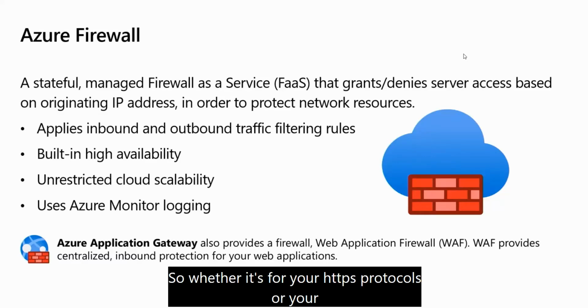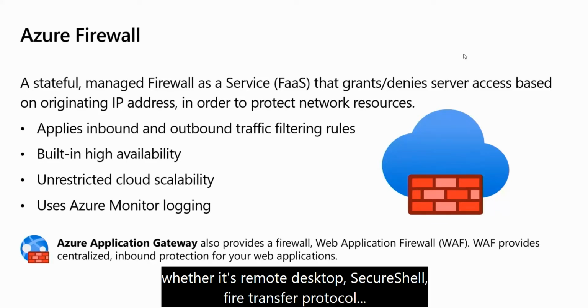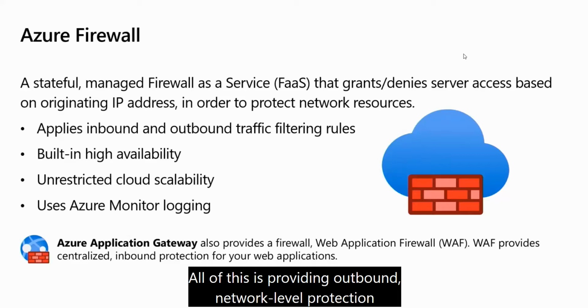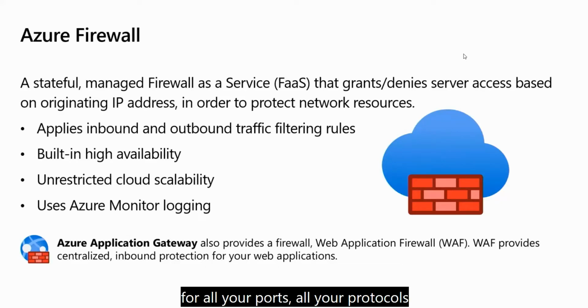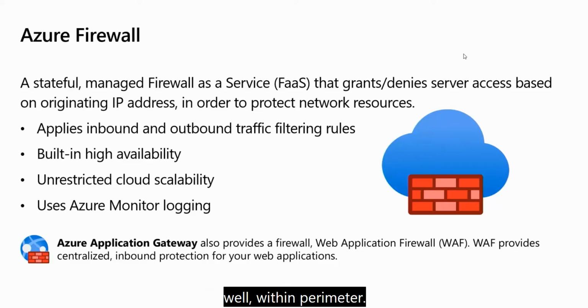So whether it's for your HTTPS protocols or your non-HTTPS protocols, whether it's remote desktop, secure shell, or file transfer protocol, all of this is providing outbound network level protection for all your ports, all your protocols, and all application level protection. So, firewall, it's your first line of defense within perimeter.